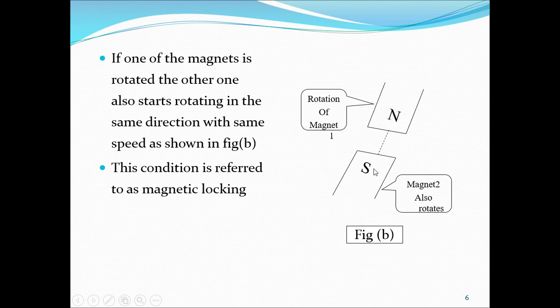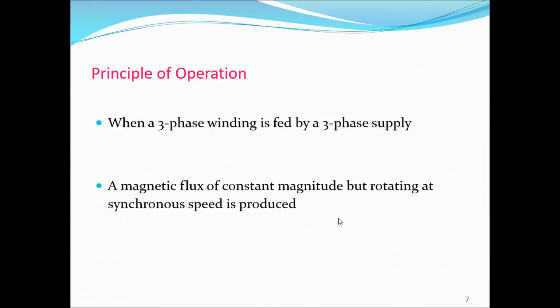So when these two are magnetically locked, and these poles are rotating at synchronous speed, automatically the rotor also rotates at synchronous speed. This is the main working principle of the synchronous motor. Let us discuss in detail.